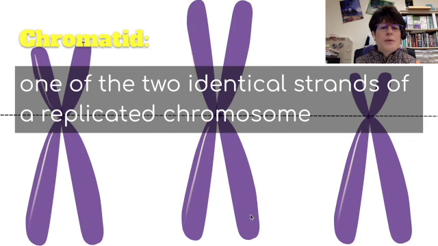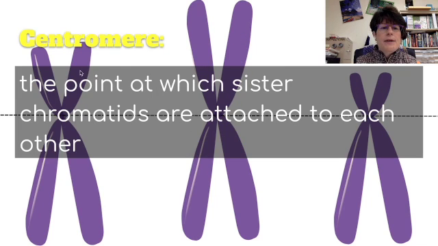So if they were not replicated, we would have just one chromatid. But because it's replicated, they're joined in the center by the centromere. This is the point at which sister chromatids are attached to each other. So here in the center, which is kind of hidden under my words, is the centromere where one chromatid is attached to the other, and we call them sisters.